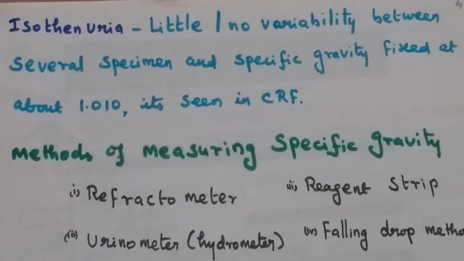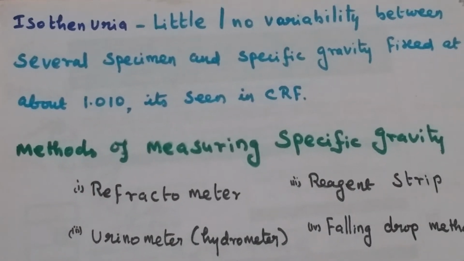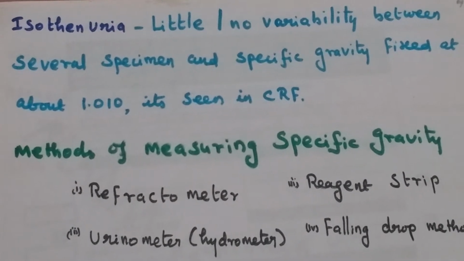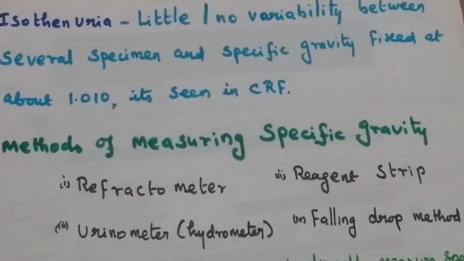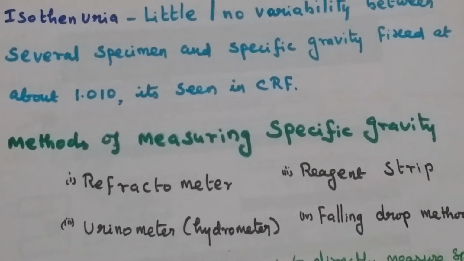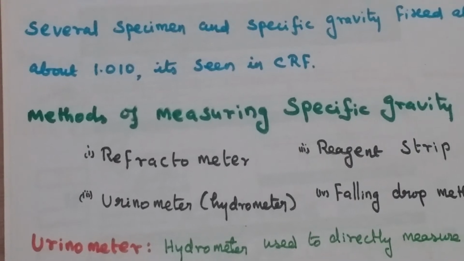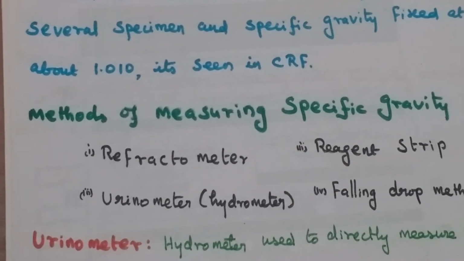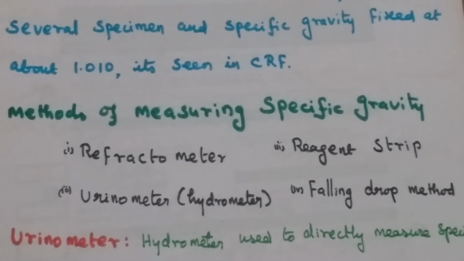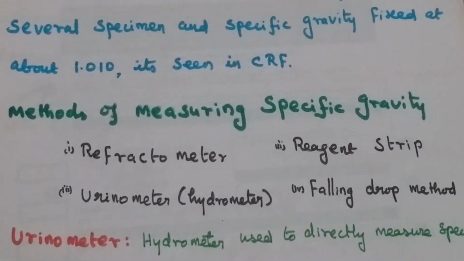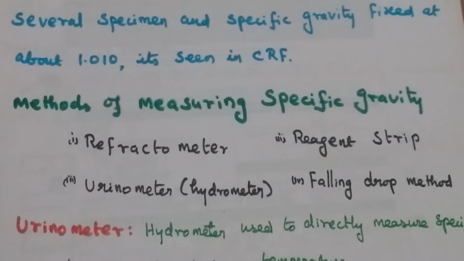It is seen in chronic renal failure, because the kidney does not have the capacity to concentrate or dilute the urine. So the urine passed has a specific gravity of 1.010.